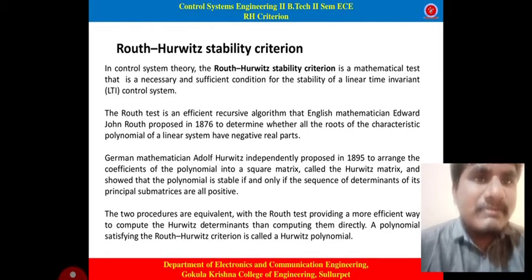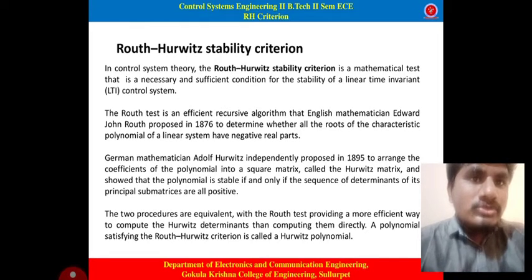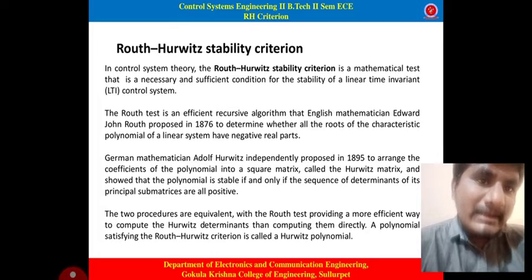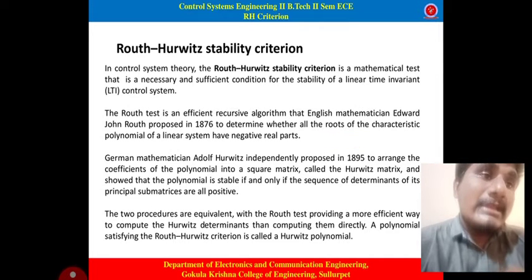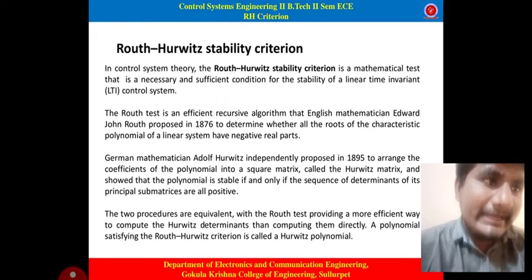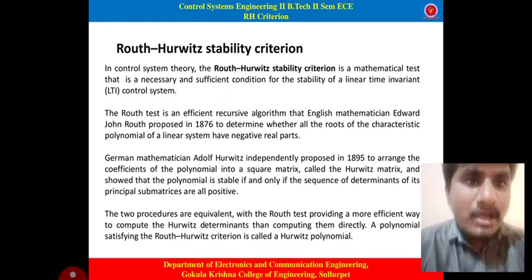The concept behind these two criteria is similar, but the Routh mechanism is found to be easy as well as accurate. By combining these two, this particular concept is presented here. So how to know the stability of a system using RH criteria, that is the thing now.